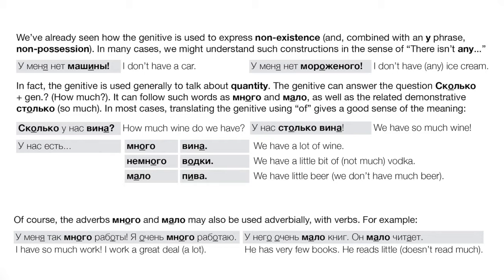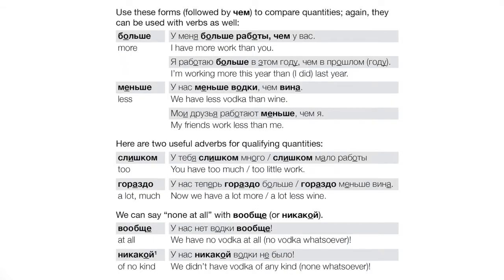There the много is just an adverb modifying работаю, telling how much you work. Now with мало, у него очень мало книг, he has very few books. Он мало читает, he reads little. Мало there in the second sentence modifies читает. How much does he read? Мало.